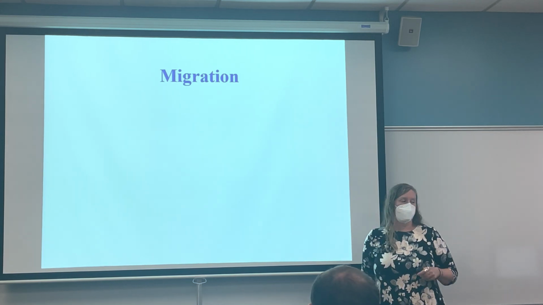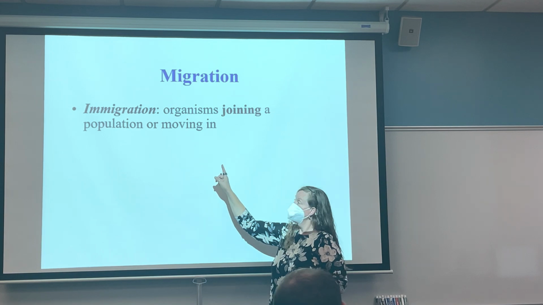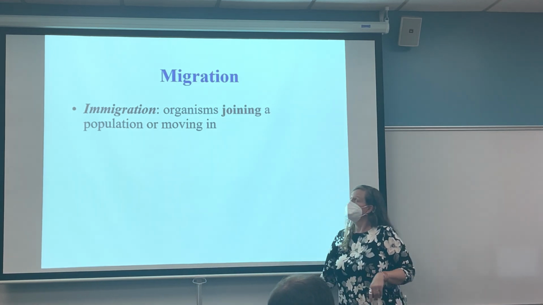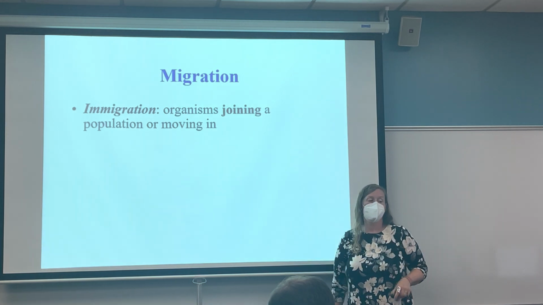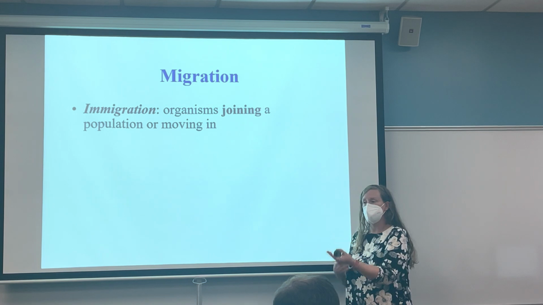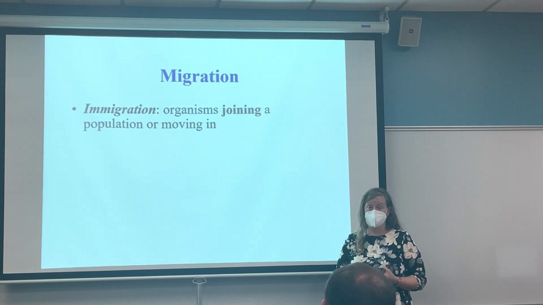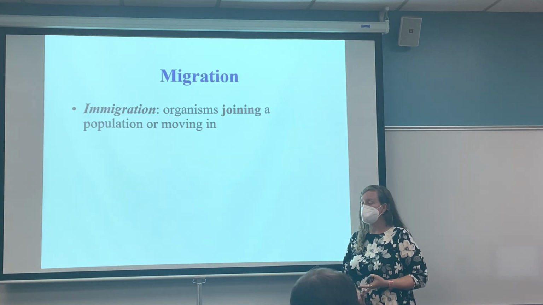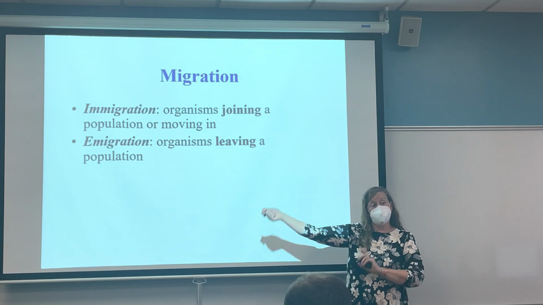All right, so let's just address migration real quick. Immigration, the "im" means joining. You are joining the population or you're moving into the population. So somebody's coming in, groups are coming in, but when we're talking populations, they have to be the same species. We can interbreed with them. Emigration is the opposite.